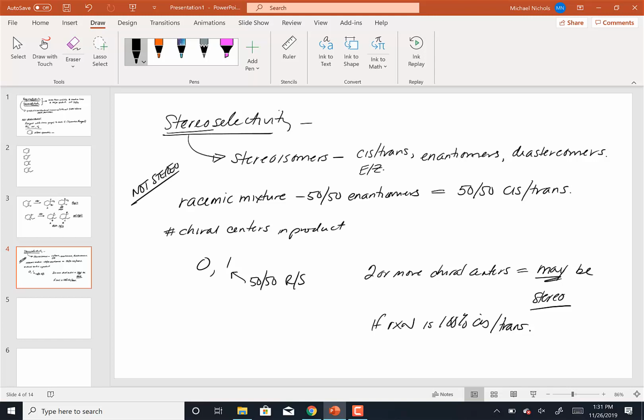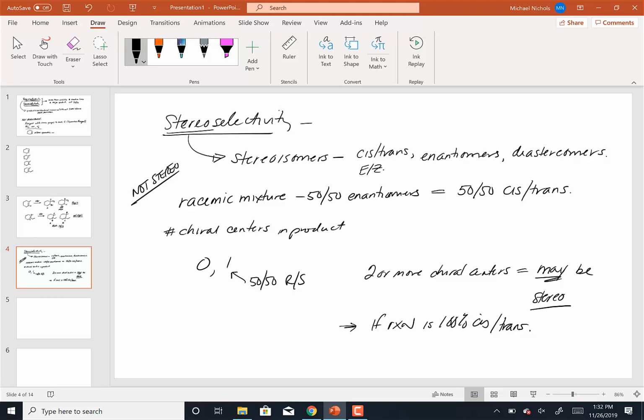Okay. So that means the first test is, is the reaction I'm doing 100% cis or trans? Then I do the reaction, I write the products. How many chiral centers did I have? If I had 2, it's stereoselective. If I have 0 or 1, it's not.